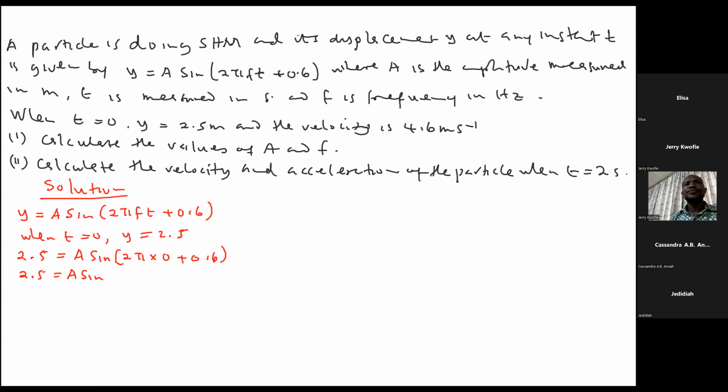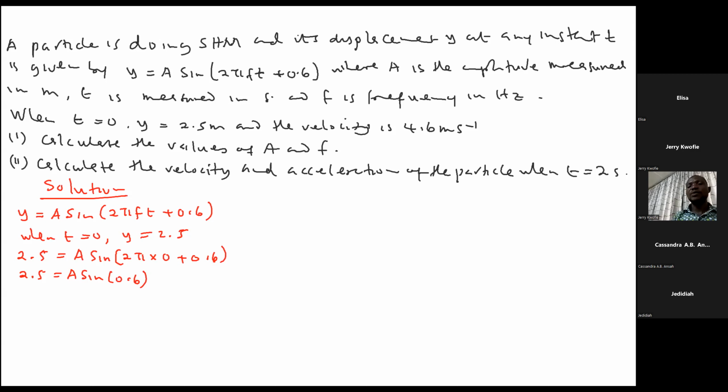Jedediah? What you find in the bracket, if you evaluate that alone, what do you get? Let's go to Elisa. Elisa, 2 pi times 0 plus 0.6. What do you have? 0.6. You have 0.6. Okay.